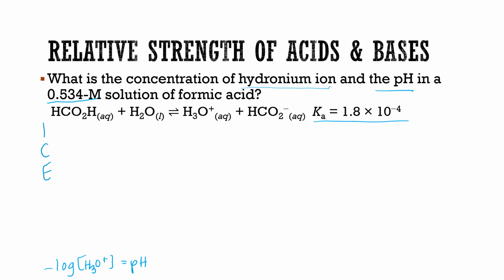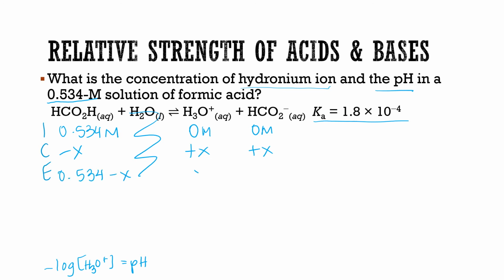So I have my ICE chart with my equation. My initial concentration of acid is 0.534. I don't have any product to start with. I'm just going to mark through water, minus X, plus X, plus X. So here I get 0.534 minus X, X, and X. All right.